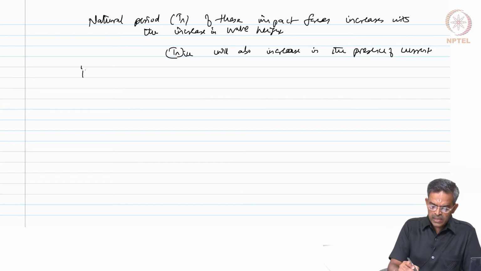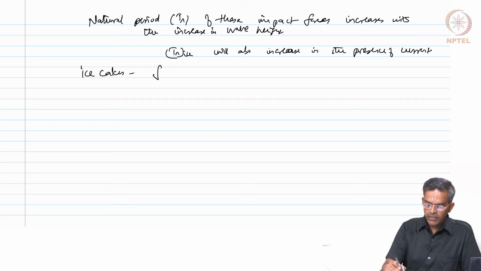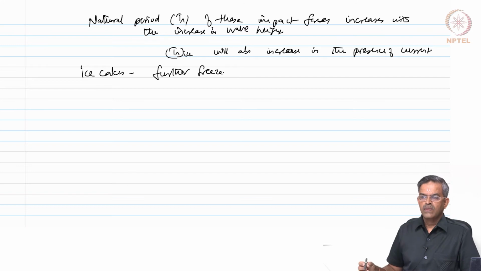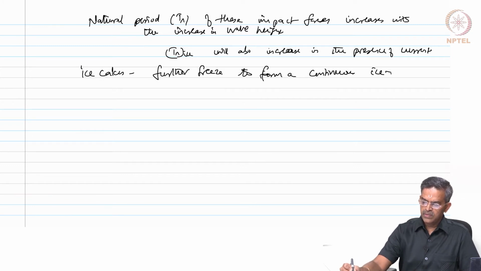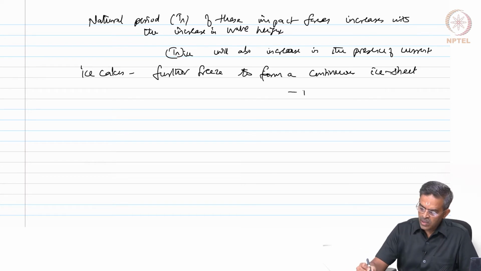Now, ice cakes, which are of larger diameter, further freeze to form a continuous ice sheet. They are also called ice floes.